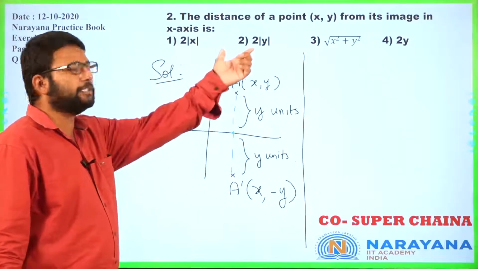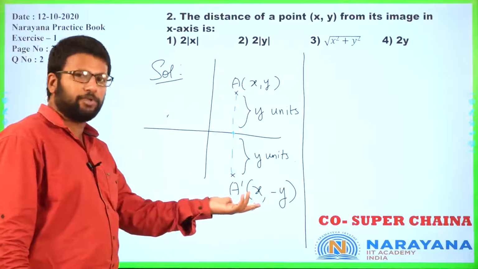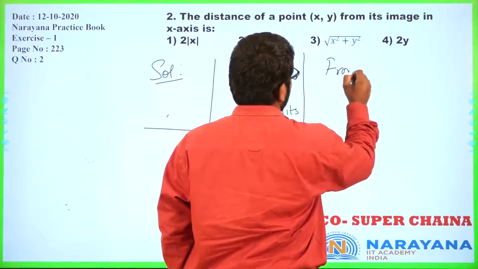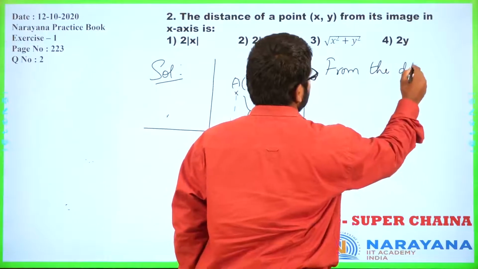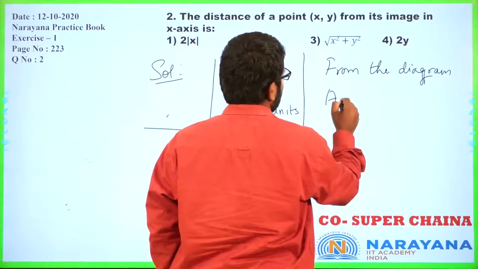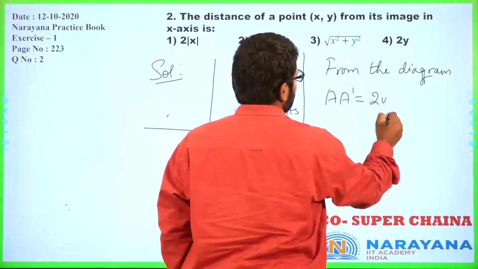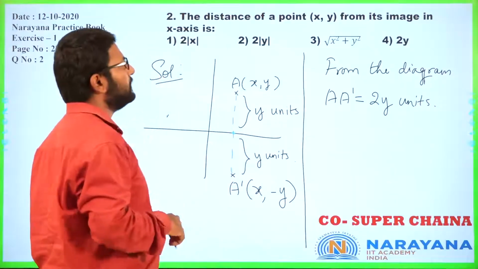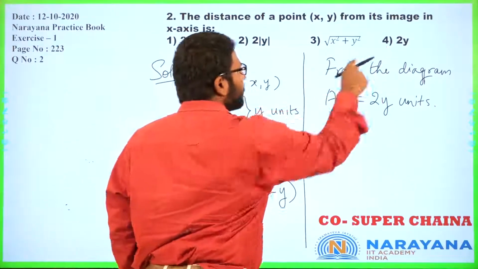If you want, you can use the distance formula, but I think it is better to go with geometry here, right? So we'll just say from the diagram, A dash equal to 2y units, right? That distance. Should I go with 2y?